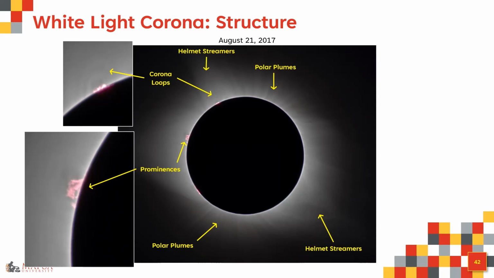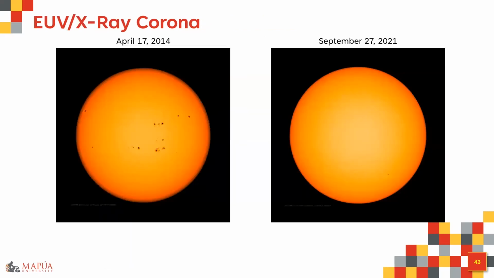Now, how about if you want to observe that in X-ray. So again, this is your continuum at two different times. This is today, yesterday, September 27, and then this is April 17. So you will notice here, no, this is two different moments of the sun.